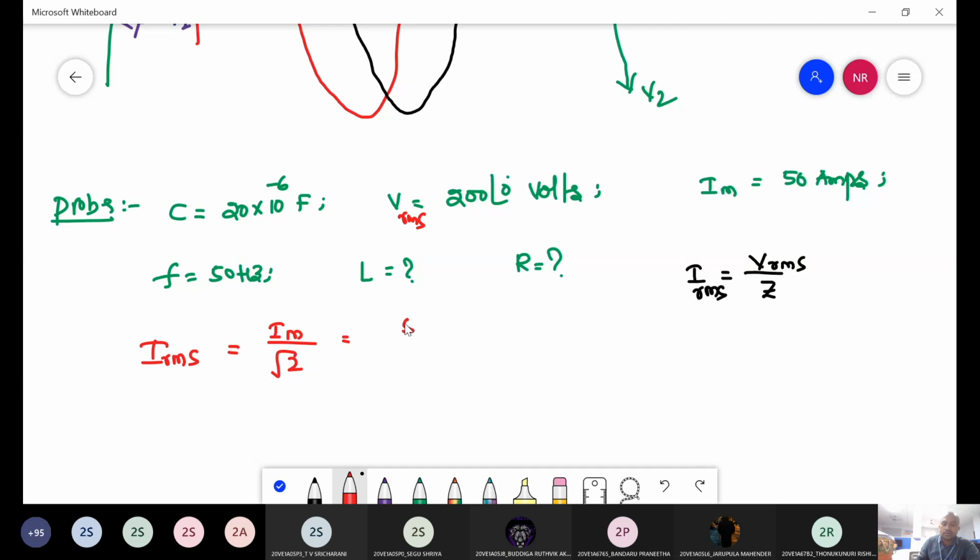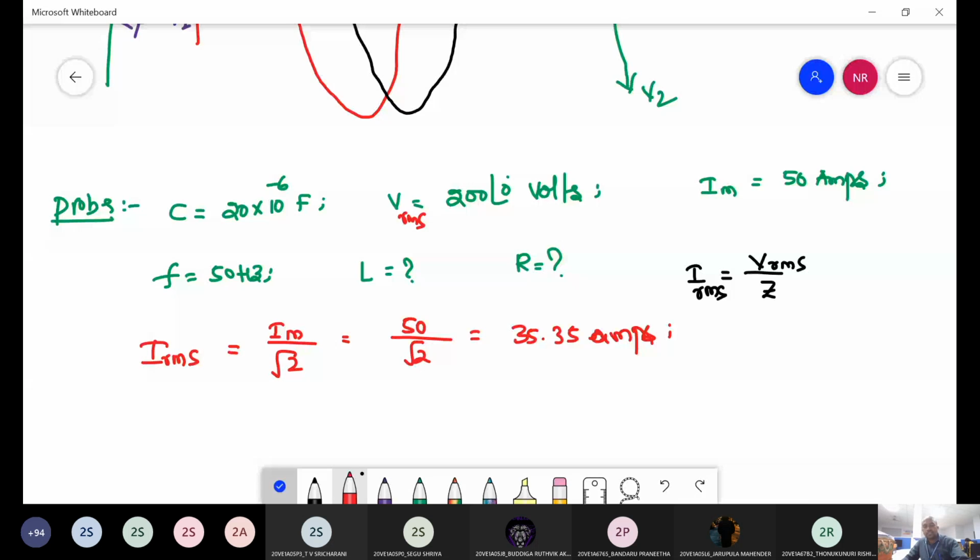So Im is how much here? 50, by root 2. How much is it? 35.35 amps.